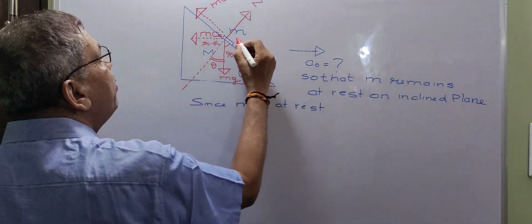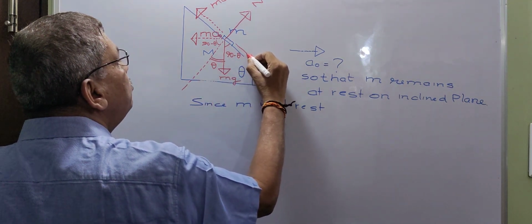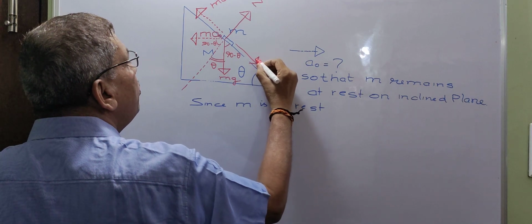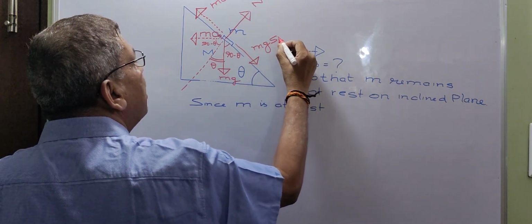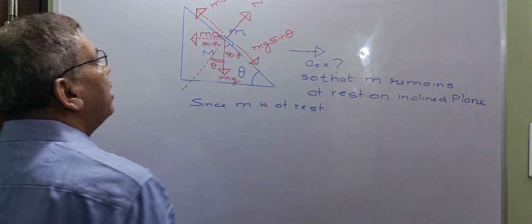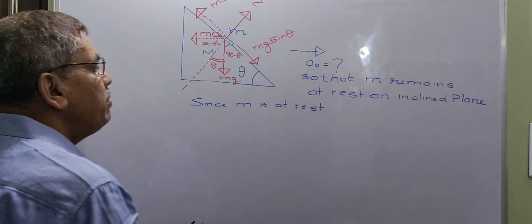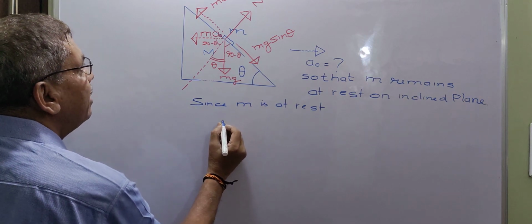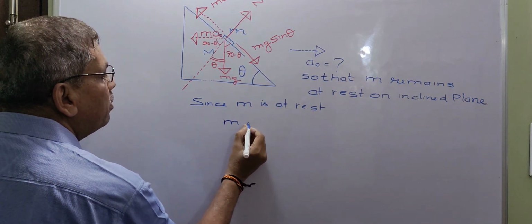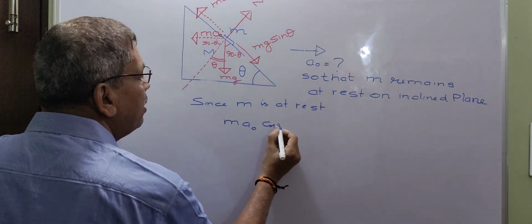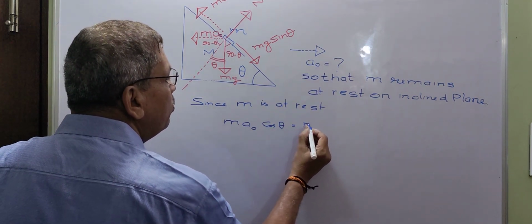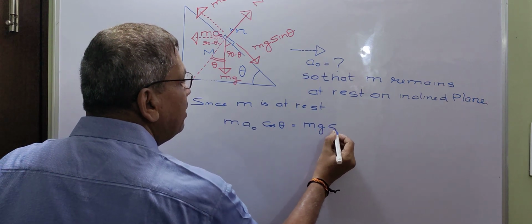And the component of weight down the plane will be equal to mg sine theta, right? So since m is at rest, the component parallel to the inclined plane in the upward direction, ma0 cos theta, should be equal to mg sine theta.